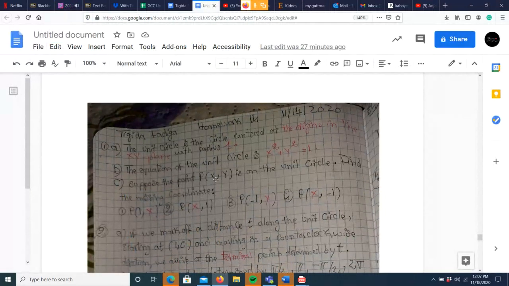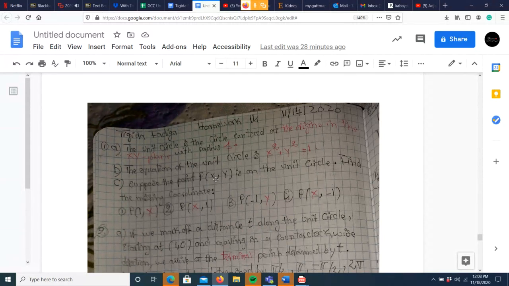Okay, so I'll be presenting number 1. It says the unit circle is the circle centered at the origin in the x and y plane with a radius of 1. And B, the equation of the unit circle is x squared plus y squared equals 1. And C, suppose the point P(x, y) is on the unit circle. Find the missing coordinate.